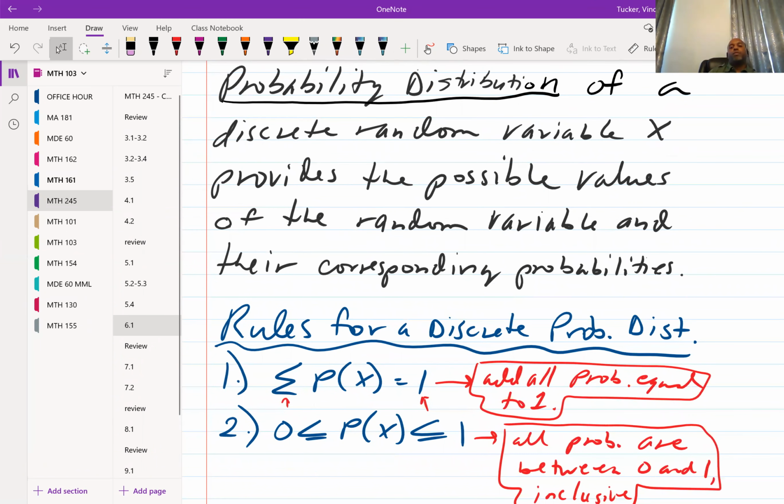So, rules for a discrete probability distribution. The first rule is the symbolism: sigma P of x equals 1. That just means when you add up all the probabilities, that's equal to 1. And then the next rule: all of your probabilities are between 0 and 1 inclusive.